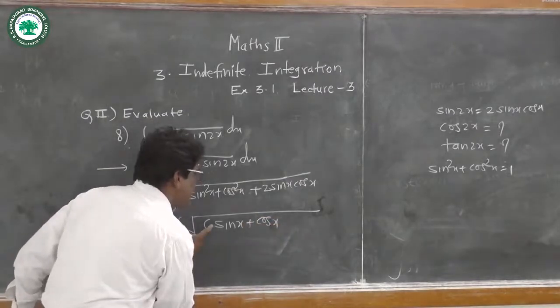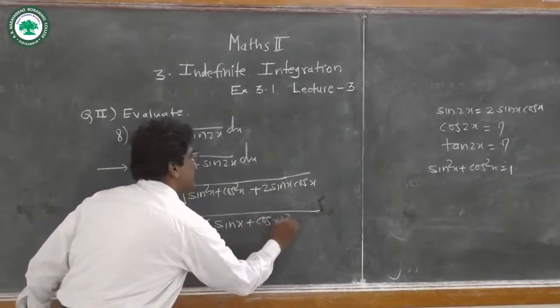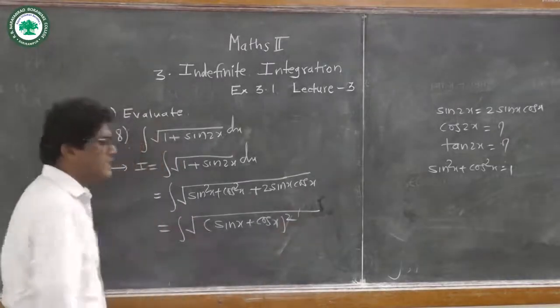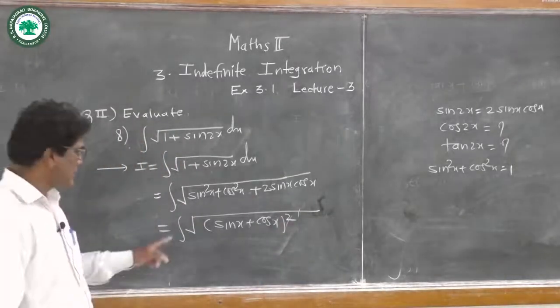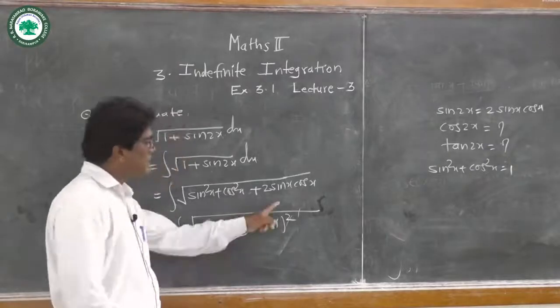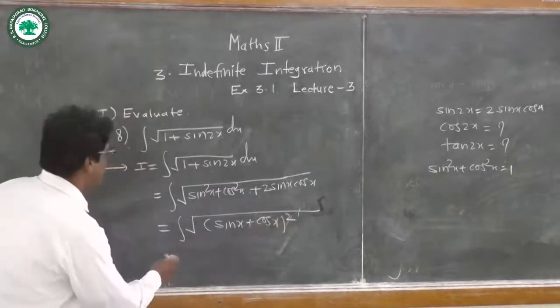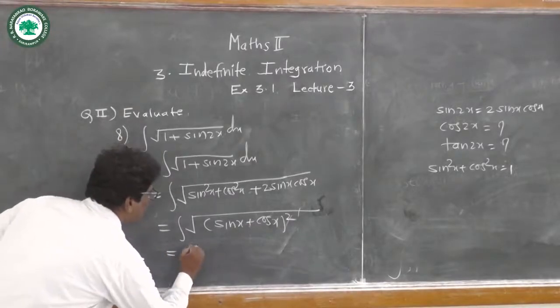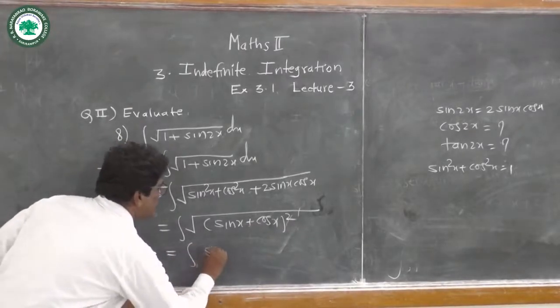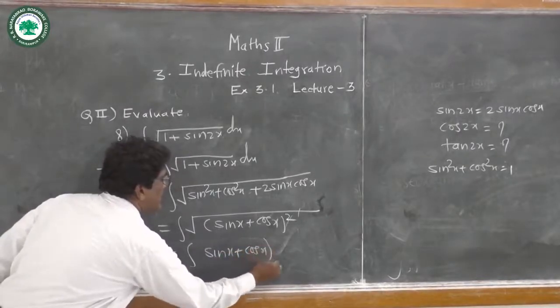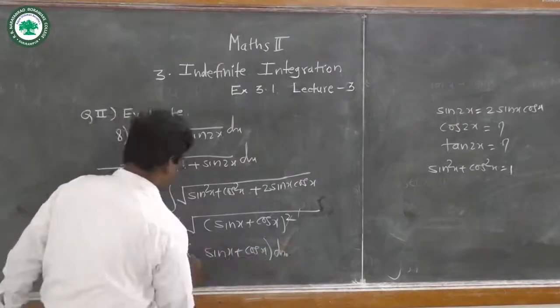So it is sine x plus cos x bracket square. And now this square and square root get cancelled to each other, because square root means power 1/2, and 1/2 into 2, the 2s get cancelled, and therefore it is equal to integration of sine x plus cos x dx.